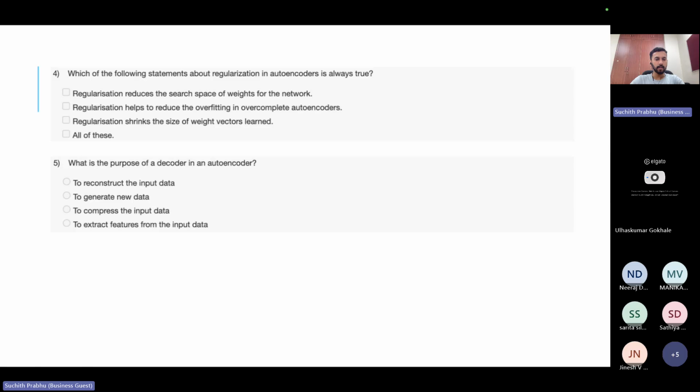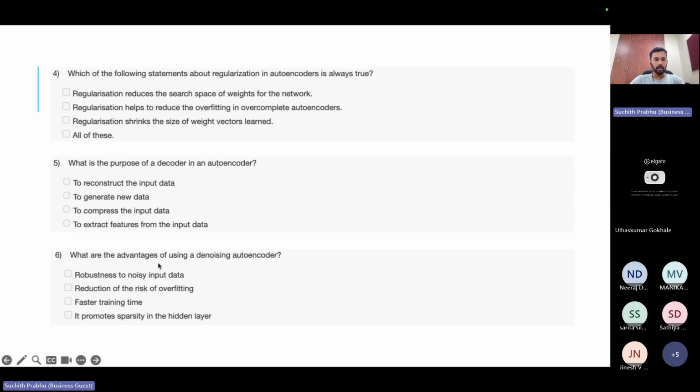And moving on. What are the advantages of using a denoising autoencoder? Robustness to noisy input data, reduction of risk of overfitting, faster training, it promotes sparsity in the hidden layer.